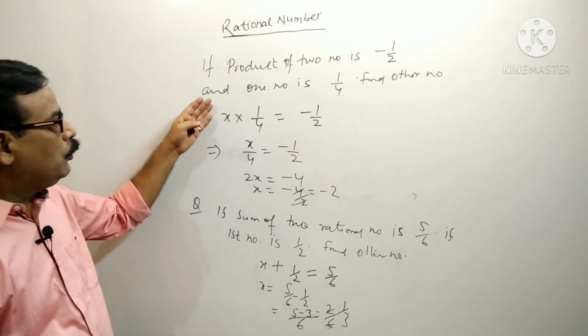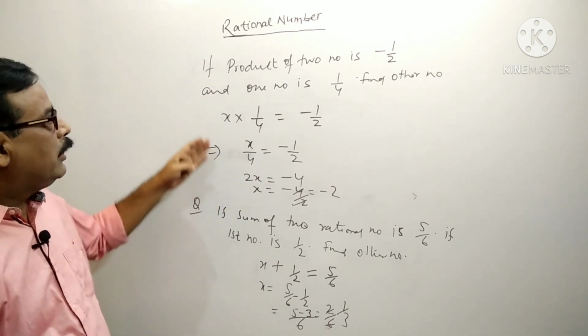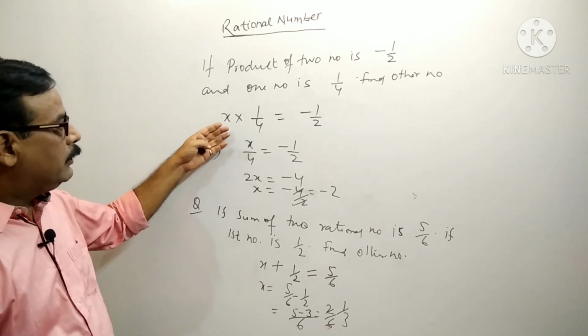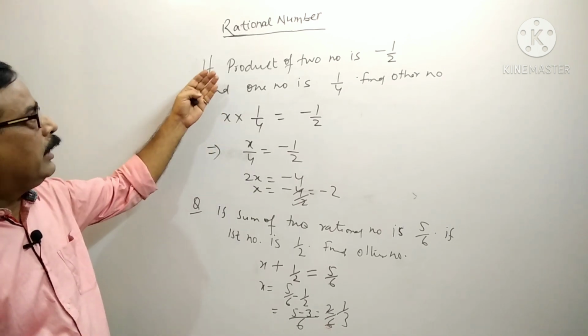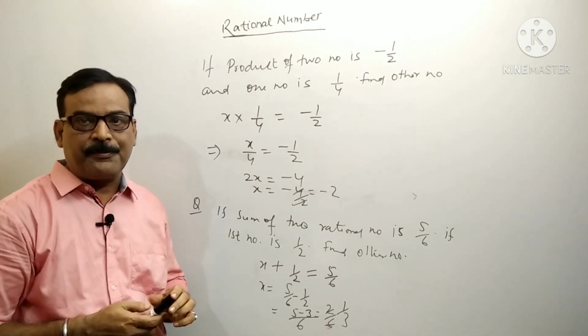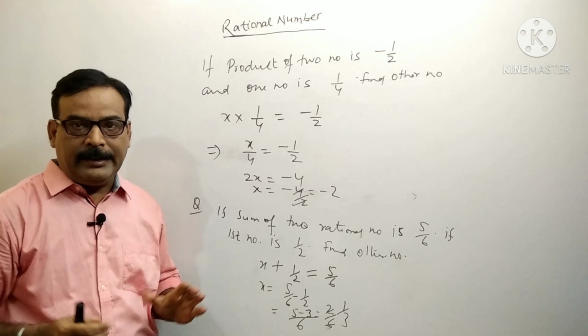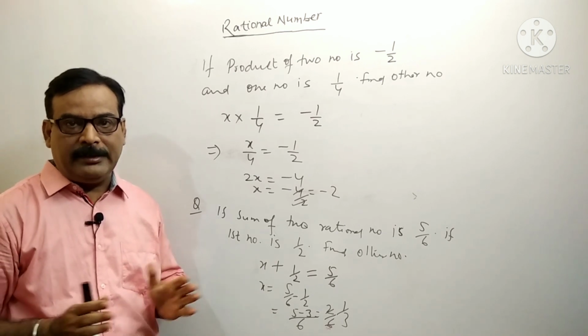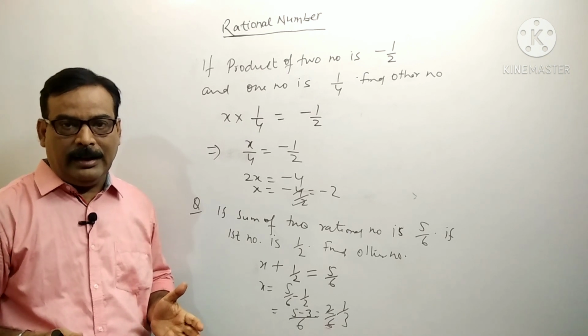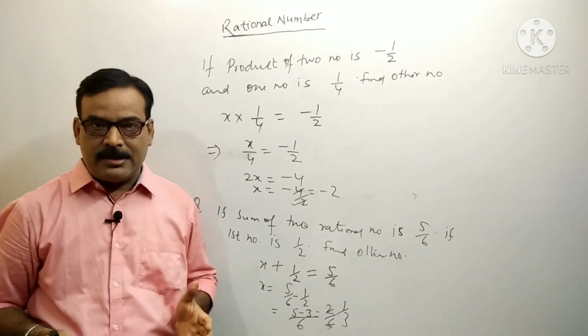So these are the two forms of questions you will find of this type, and you can find the rational number for the given questions. So I think we have completed all the topics in this chapter.